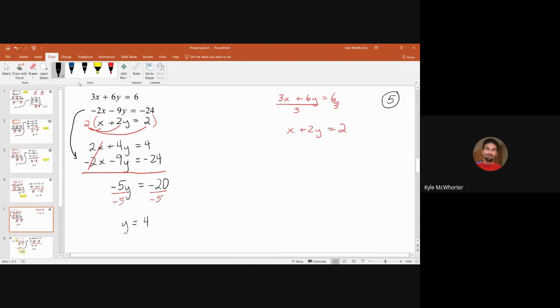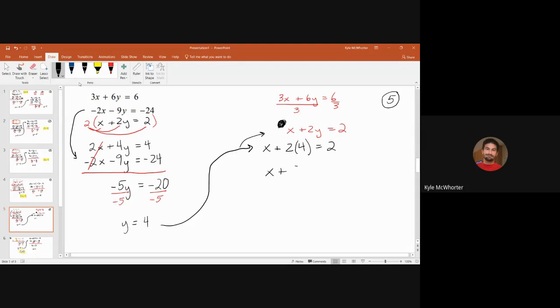And then generally, when you're plugging back in, you want to just pick the simplest form of an equation, which to me is this one right here. So I'm going to take x plus 2y, replace the y with a 4. So I'm just plugging y into this equation.